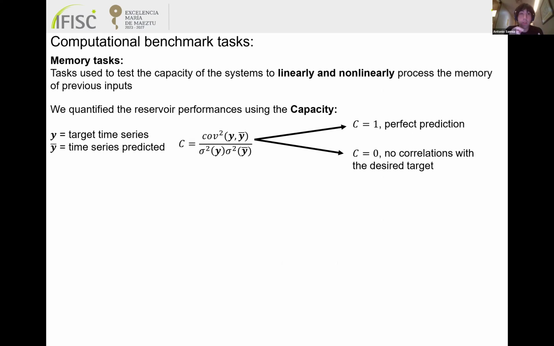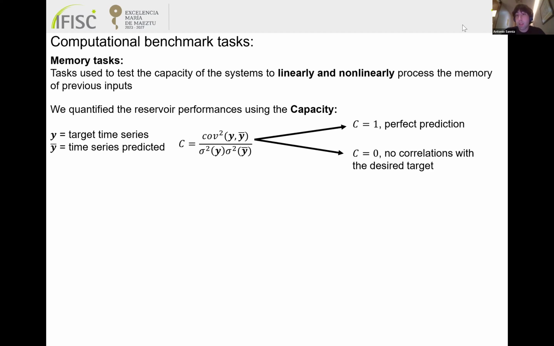Now I want to show you how we tested our model, and how we compared our model of dissipation with the discrete one. The first tasks that I'm showing you are memory tasks, used to see how well a reservoir is able to linearly and nonlinearly process a set of previous inputs.